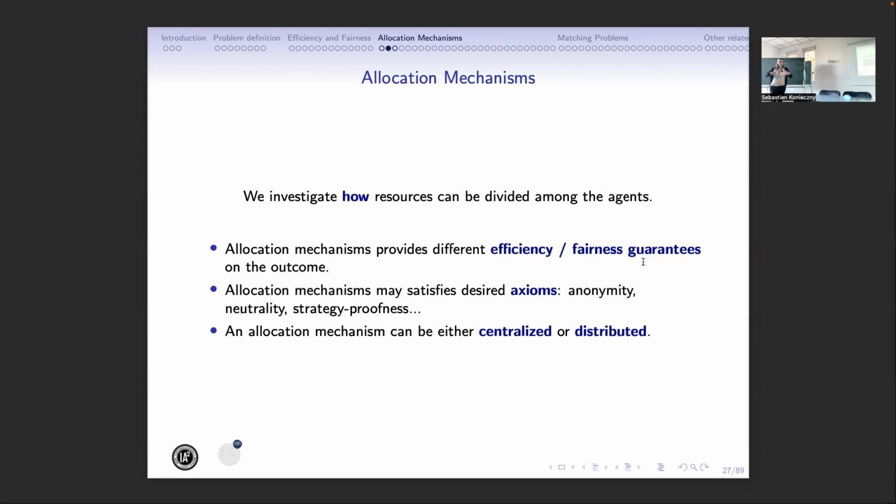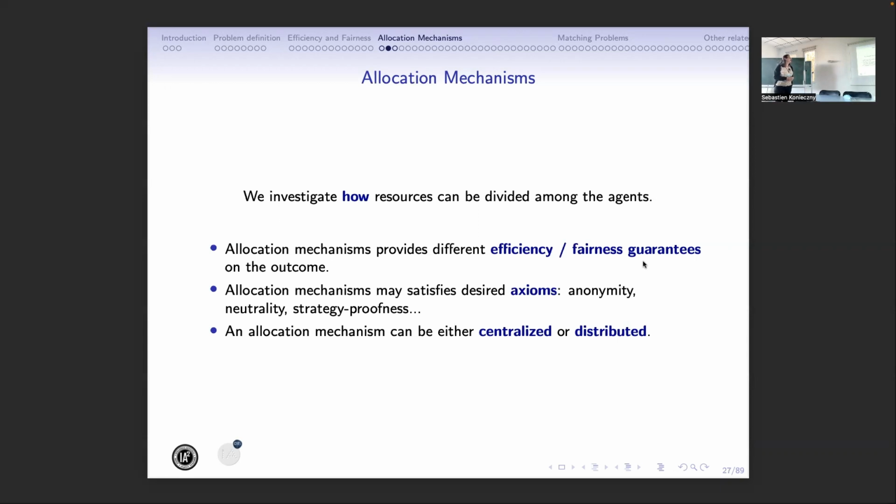To justify the relevance of the algorithm, we will also explore the axiomatics of mechanisms. In fact, it consists in exploring whether the mechanism satisfies some desired axioms such as anonymity.